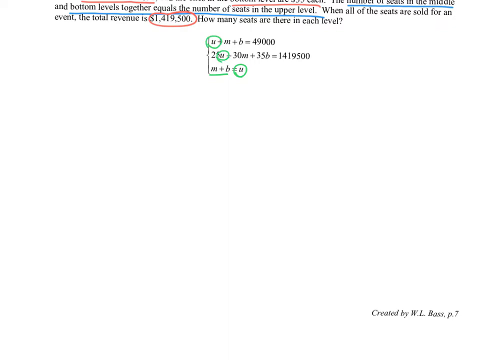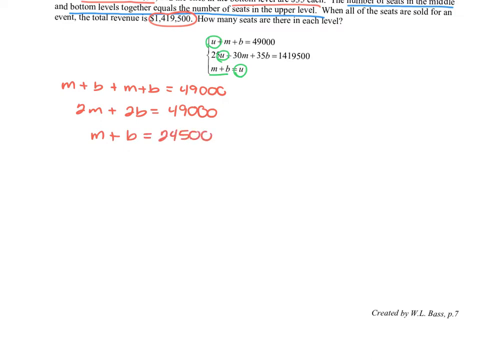So the first equation, substituting that in, I end up with m plus b plus another m plus b, equals the 49,000. That of course is going to become a nice 2m plus 2b equals 49,000. Anytime you can make your numbers smaller, I would suggest you do it. So m plus b equals 24,500. I'm going to call this equation A.